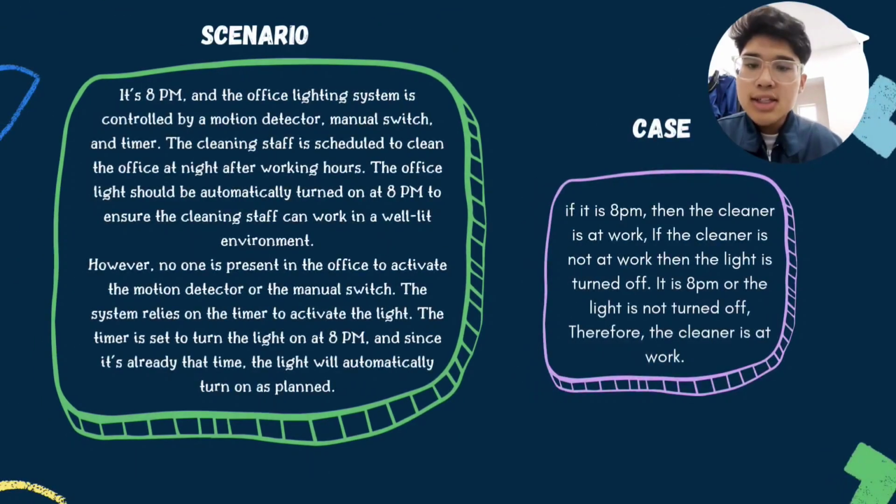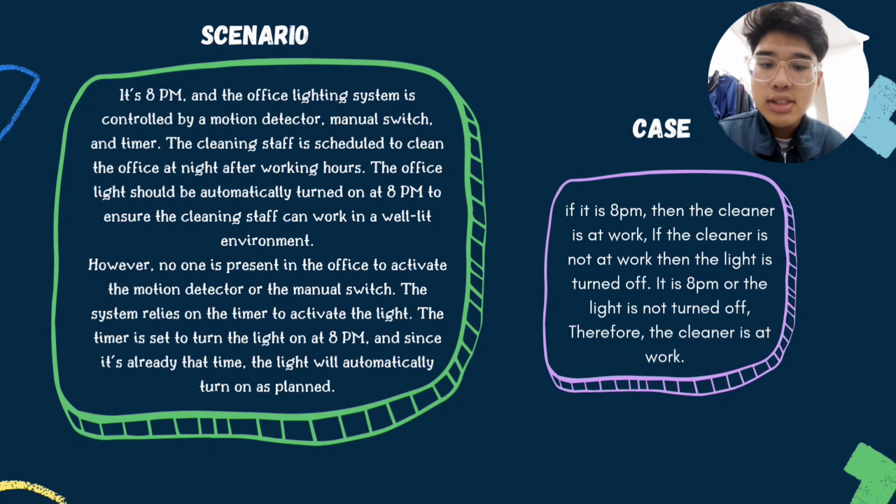Okay, this is our case study. First of all, scenario. It is 8 p.m. and the office light system is controlled by a motion detector, manual switch, and timer. The cleaning staff is scheduled to clean the office at night after working hours. The office light should be automatically turned on at 8 p.m. to ensure the cleaning staff can work in a well-lit environment.